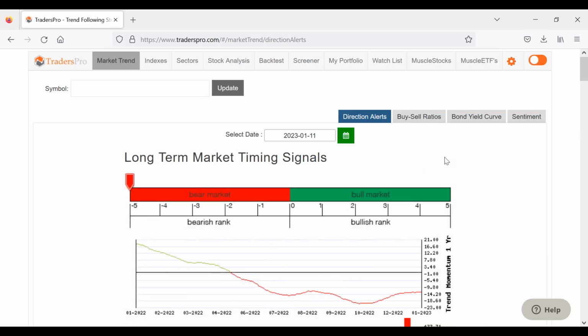Actually, not much has really happened since Tuesday's class. I thought we'd get a little bit more clarity, but I'm going to show you where we're at, and I will tell you we're at a very critical area.